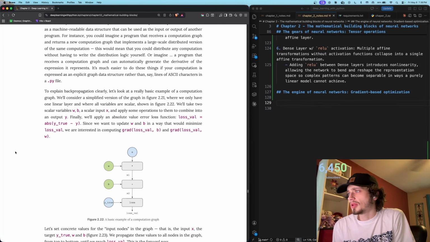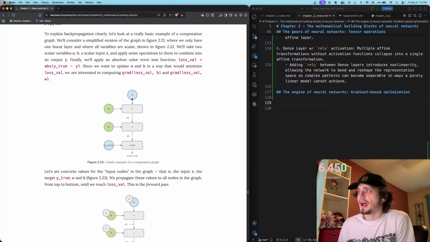Finally, we apply an absolute value error loss function: loss equals the absolute value of y true minus y, since we want to update the weight and bias in a way that minimizes the loss value. We are interested in computing the gradient of the loss with respect to the bias and the gradient of the loss with respect to the weight.